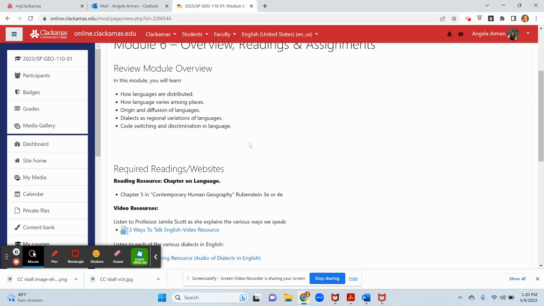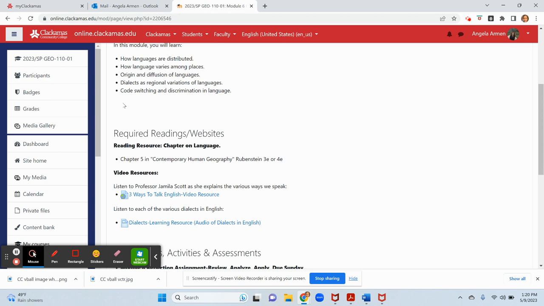Think about the English language and how our dialects change throughout even the United States or throughout the world, and how we code switch throughout the day, and how this code switching might be viewed as how we discriminate against other people when they are using a different dialect or just speaking a little bit differently depending on the surroundings they're in.